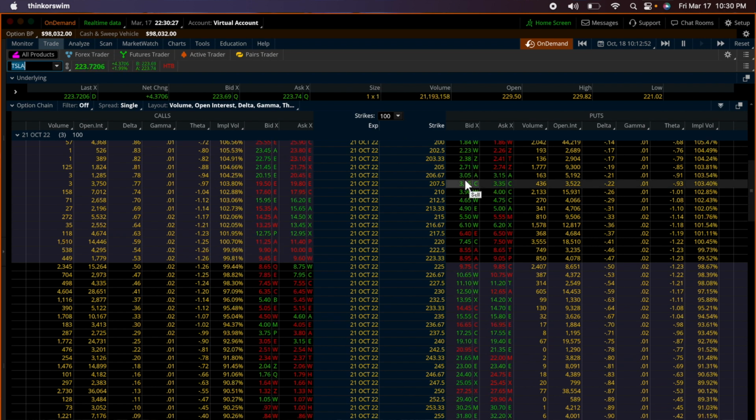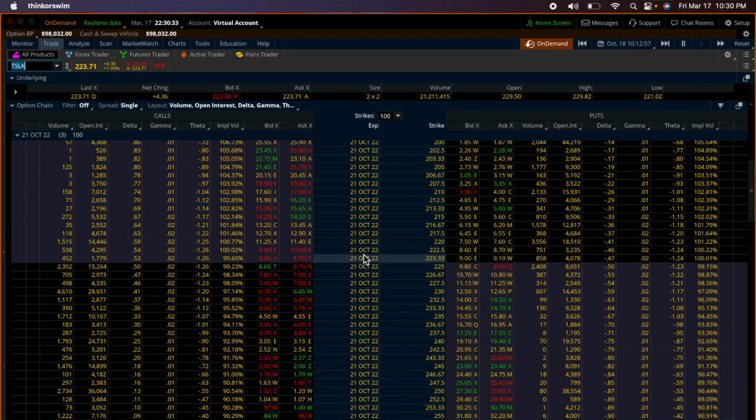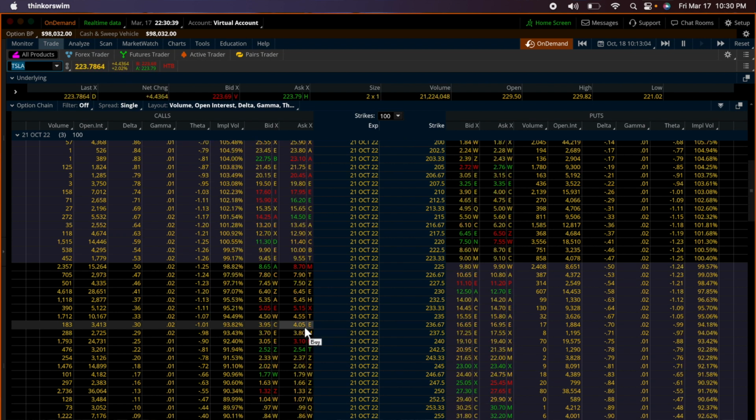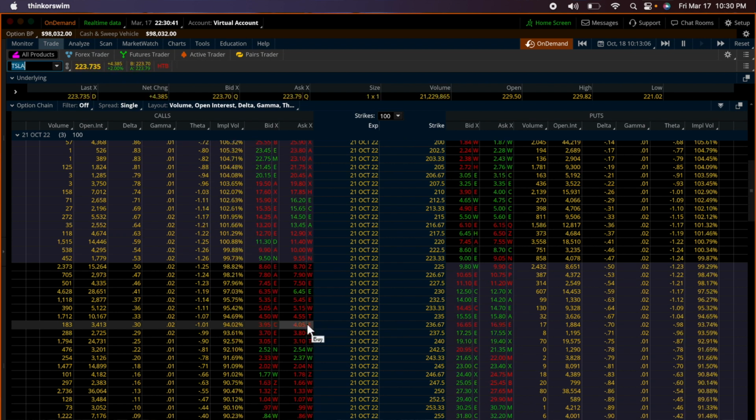Another important detail is, since one option contract represents 100 shares of stock, whatever the price of the ask, which is what you will click on to buy the option contract, you must multiply by 100 to find the actual price of what you will pay per contract.